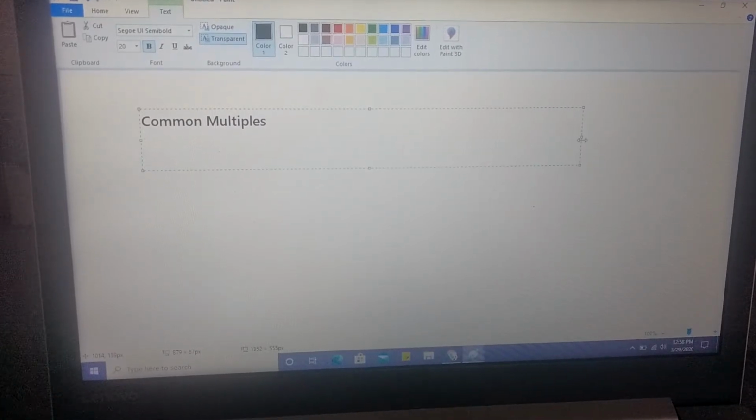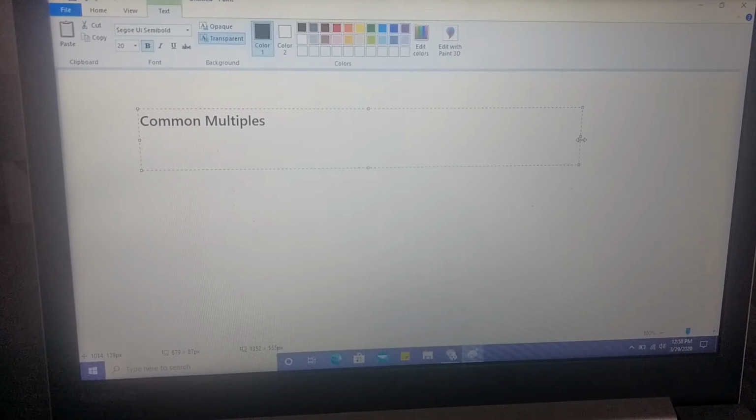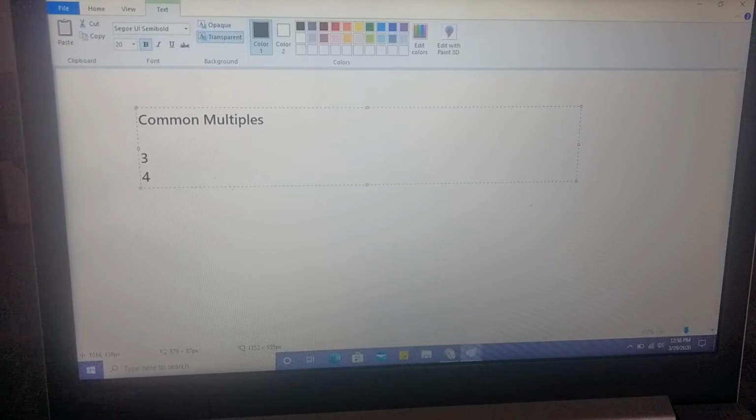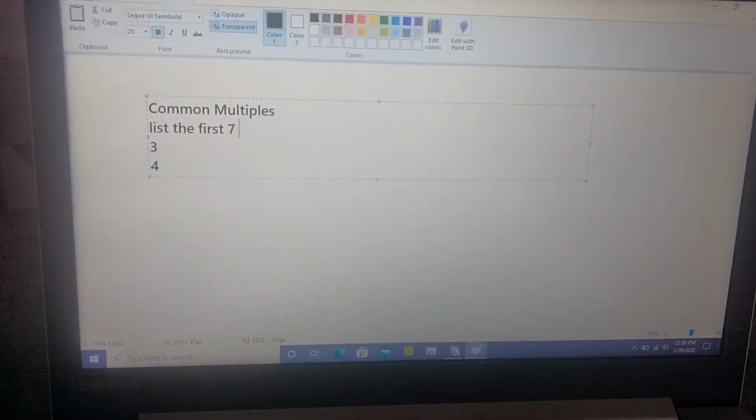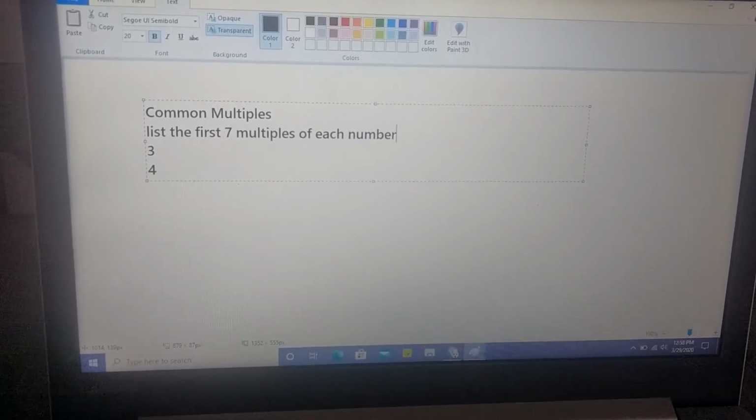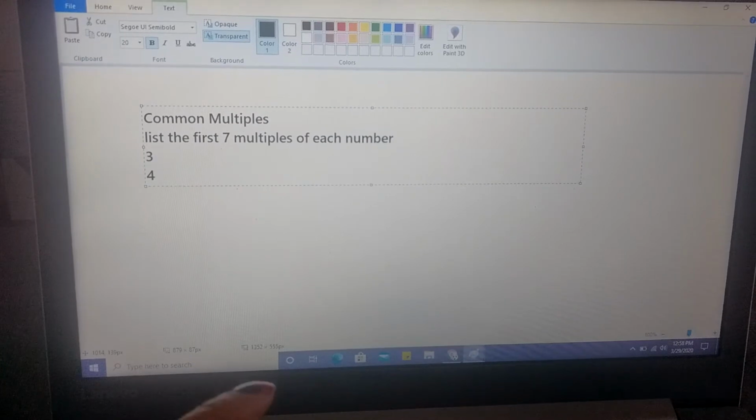So for example, if we are looking at 3 and 4, I'm going to say we're going to list the first 7 multiples of each number. You're just going to multiply 3 all up to 7.